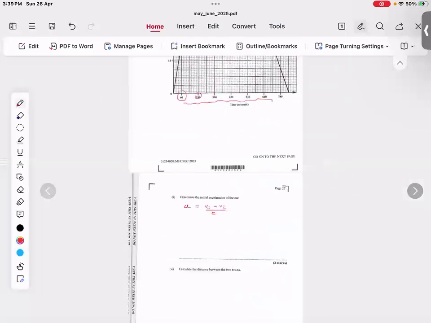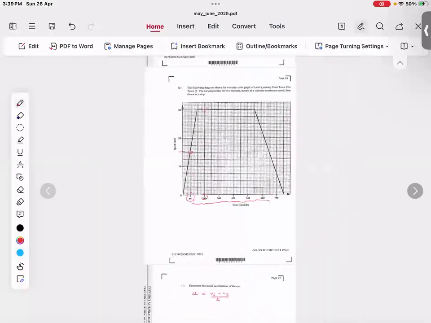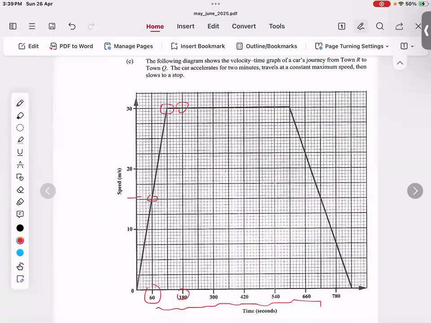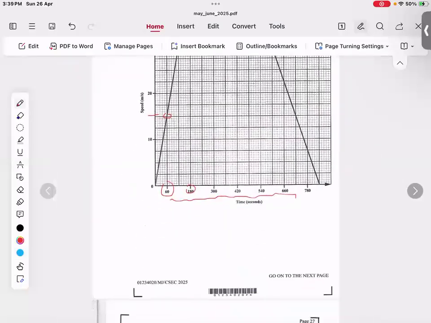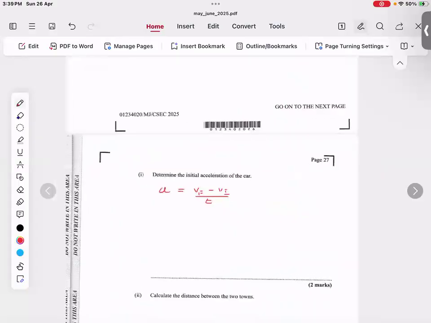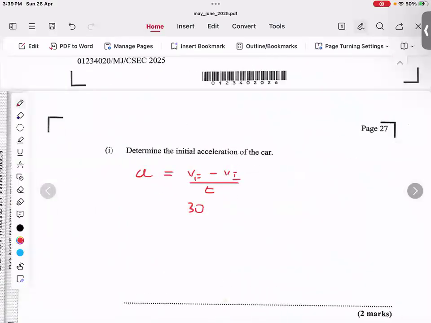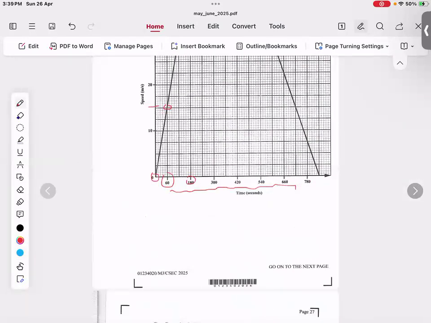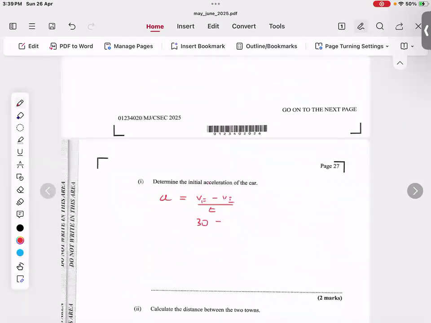All right, so the initial acceleration of the car. The final velocity of the car was 30 meters per second. When it just moved off, its top speed was 30. And the initial velocity when it starts, obviously when a car starts, is 0.